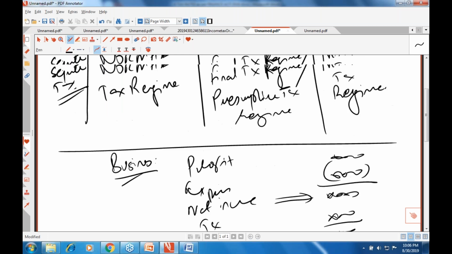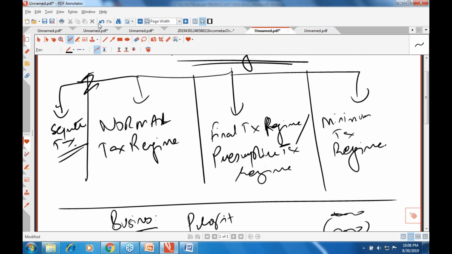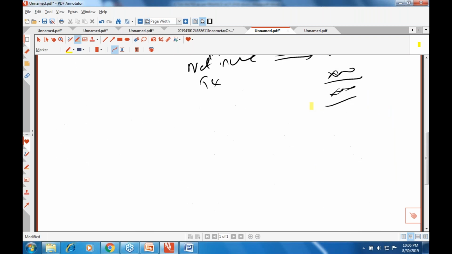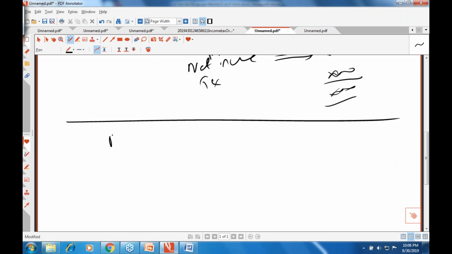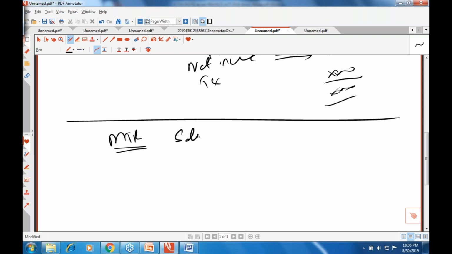Let's try to understand. Basically, there is a concept of minimum tax regime. What is this minimum tax regime? As we discussed in yesterday's session, usually what happens is, let's say you've got sales of 50 million, but the profit that you have earned is only, let's say, 1 million.